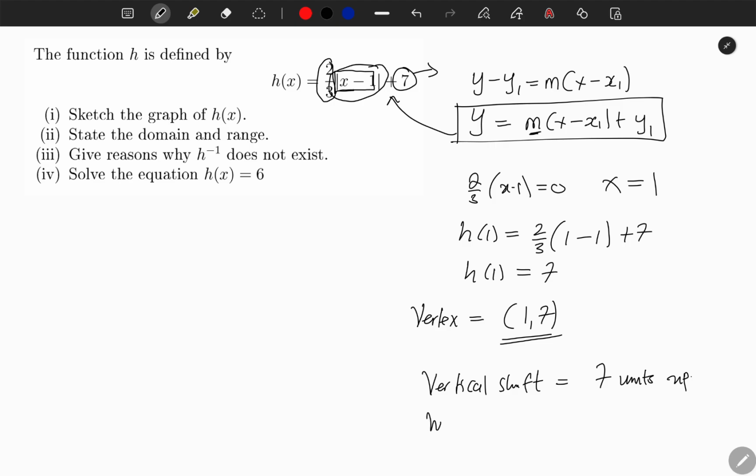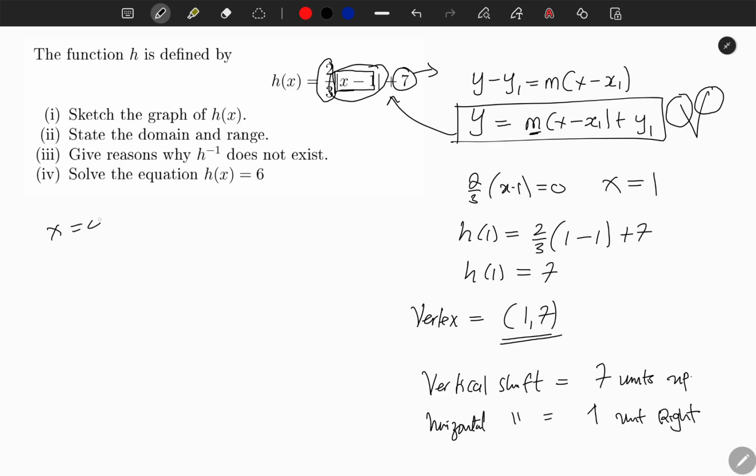Then the horizontal shift is just 1 unit to the right. Take note of that. So how do we make sure that we balance this? We can pick any 2 points from either side. Remember that we are having a V shape, so we can pick a point from that side and a point from this side. So let's do that.